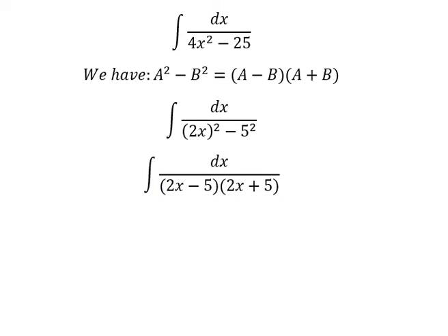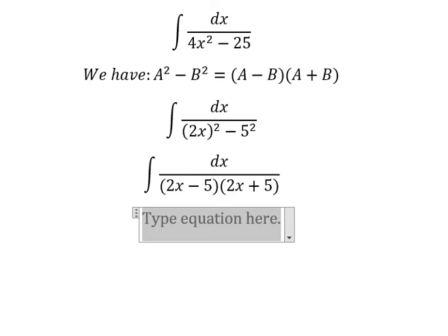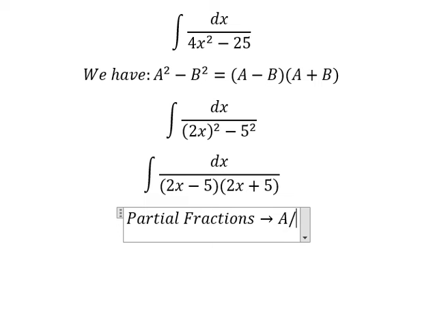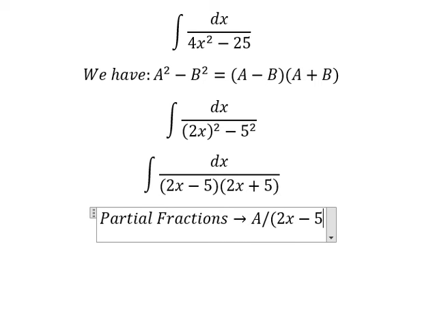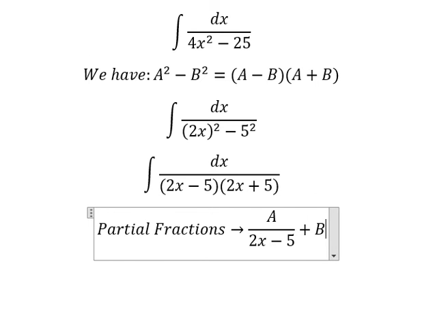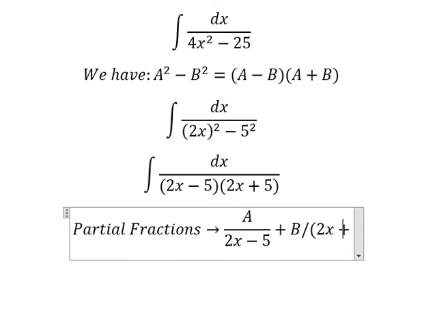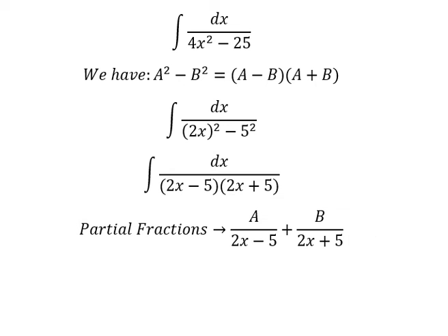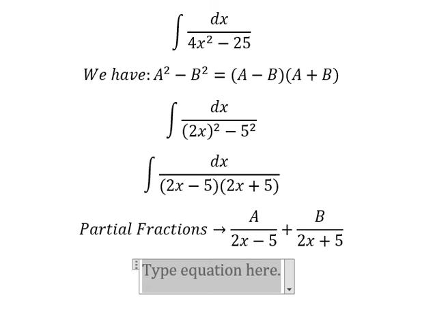Now, we can do partial fractions. So I will put capital A over 2s minus 5, capital B over 2s plus 5. So we can do the common denominator.